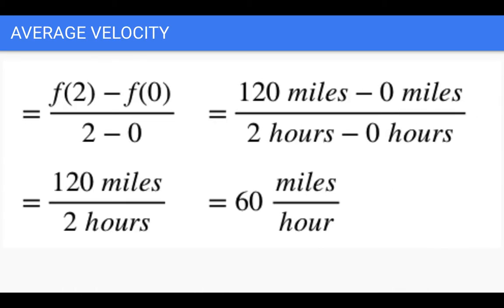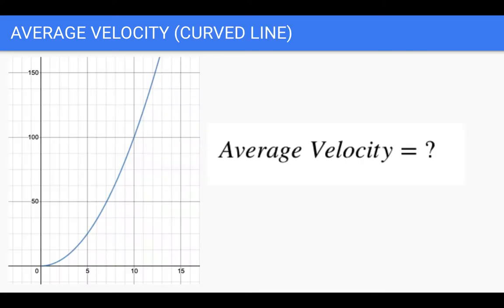Excellent. So the question arises: how do you calculate average velocity on a curved line? If it's a straight line, I just have to figure out the slope, and I know how to find the slope of a straight line.